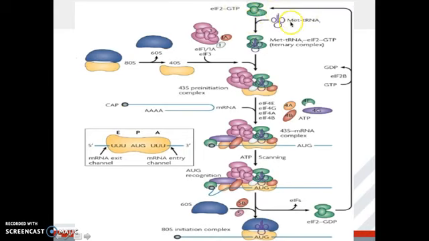However, this methionine tRNA initiator binds directly to the P site of the ribosome rather than the A site. If you notice carefully here, you can see that eIF1 is bound to the E site and 1A is bound to the A site. That's why the methionine tRNA initiator binds directly to the P site.